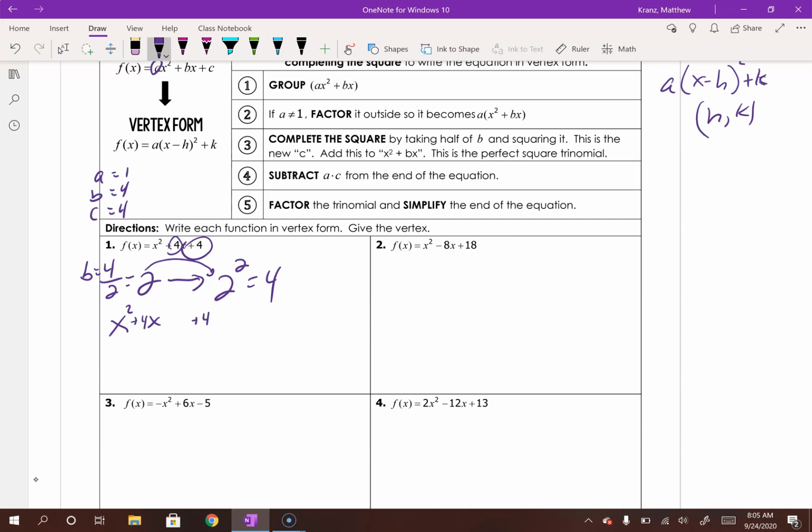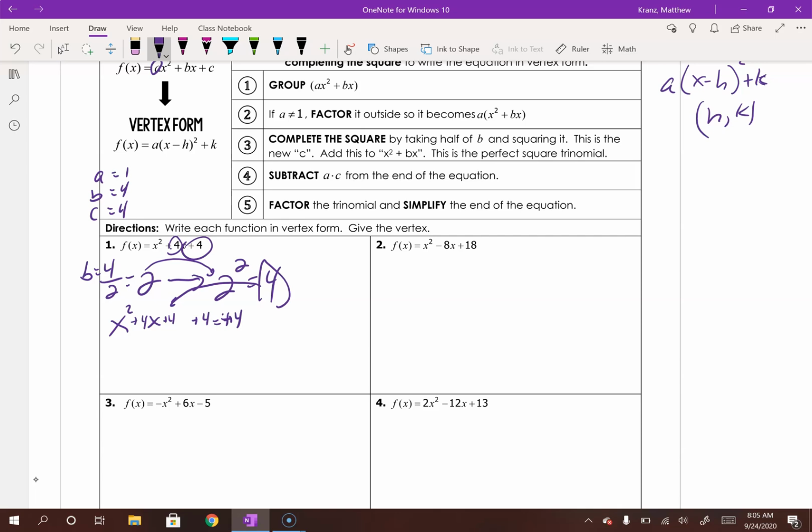Then I'm going to pop my answer right in that space. But the rule is, whatever I do to one side, I have to do to the other. So I have to add 4 on the right side as well.